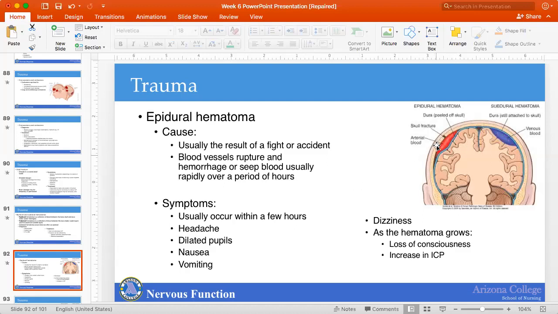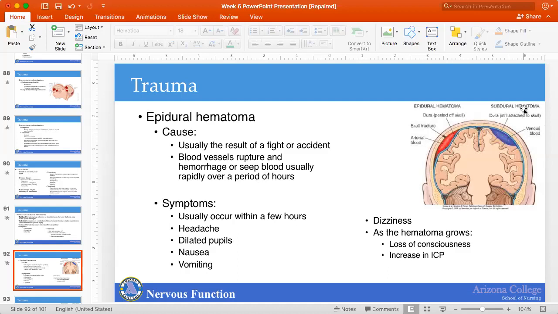So it's these outer blood vessels that get damaged, and then this hematoma forms. Symptoms are headache, dilated pupils, nausea, vomiting, dizziness, and as the hematoma grows, potentially loss of consciousness and increased intracranial pressure. It just depends on the amount of bleeding that is occurring and if it's able to be stopped.